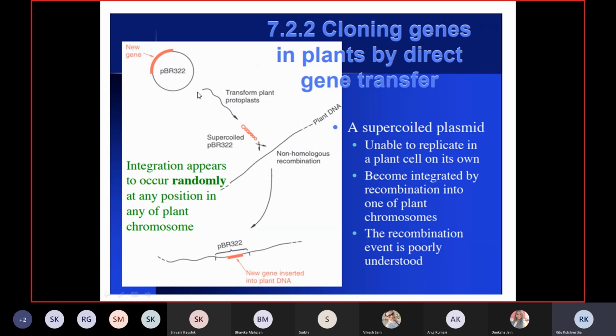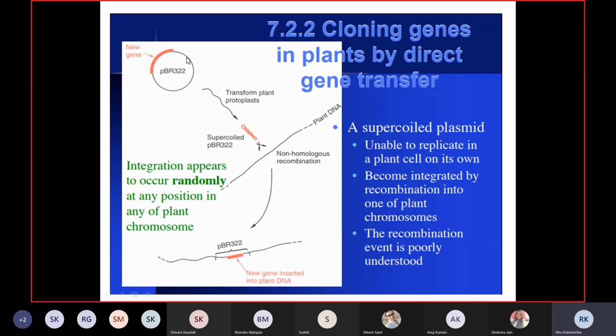I'll just come to that. But once it gets into the protoplast, then your gene can get integrated by non-homologous recombination. We still don't understand how exactly this recombination process takes place. But yes, it happens at some random sites, and your gene of interest goes inside the plant DNA. And that's how you can make your transgenic plants.